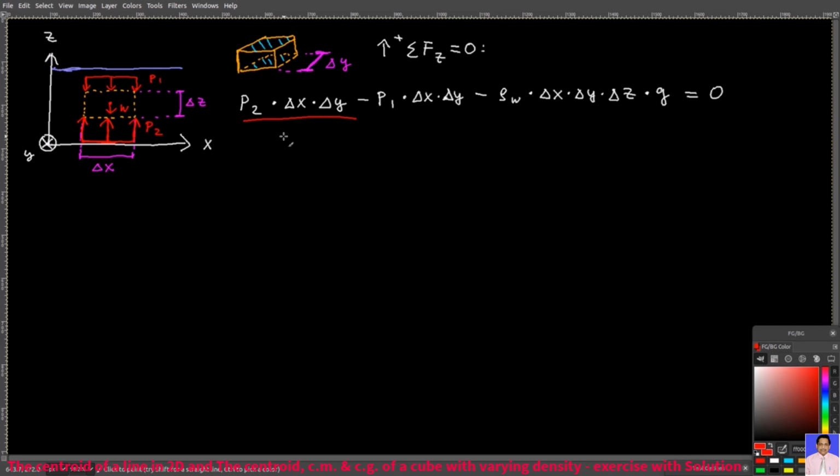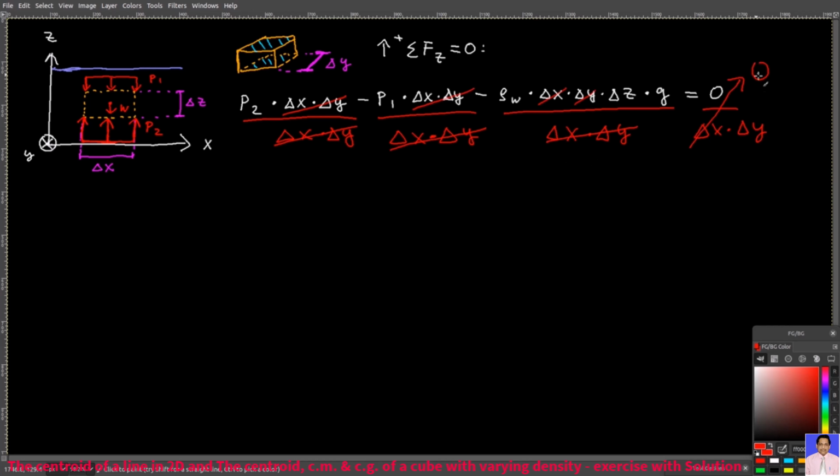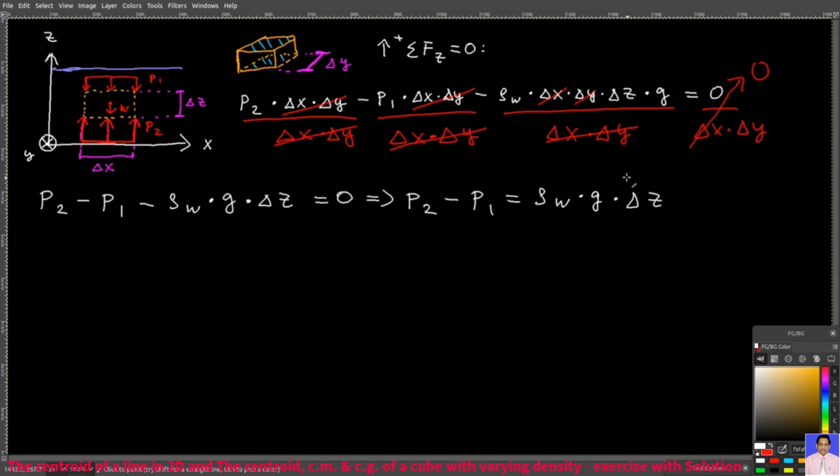If I now divide everything by delta x times delta y, then of course you can make cancellations and you will end up with pressure 2 minus pressure 1 minus the density of water times g times delta z, and that will be 0. And so you can see that the pressure difference here is your Pascal's equation.